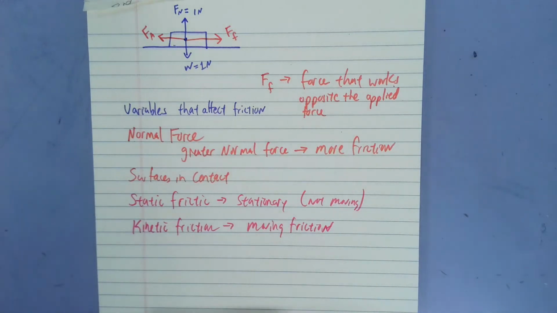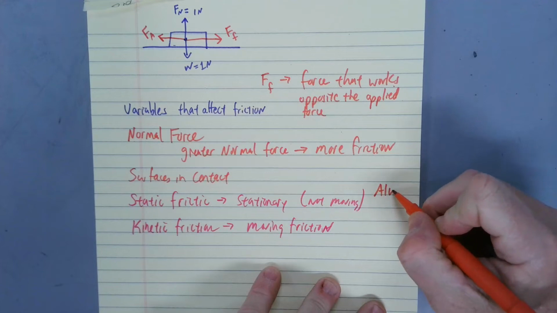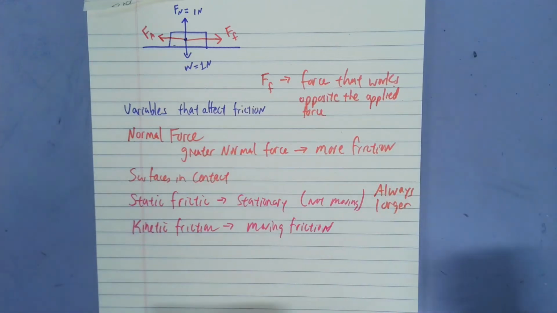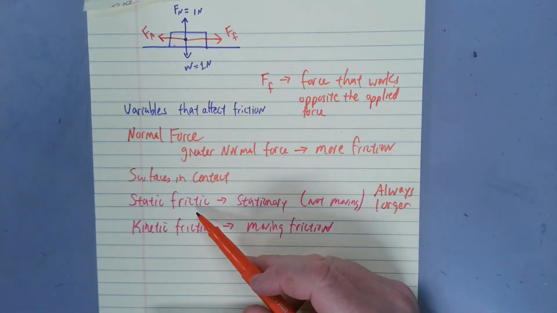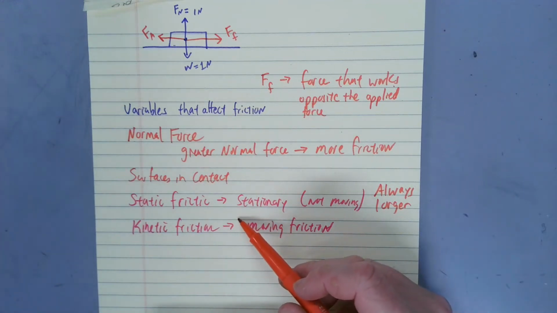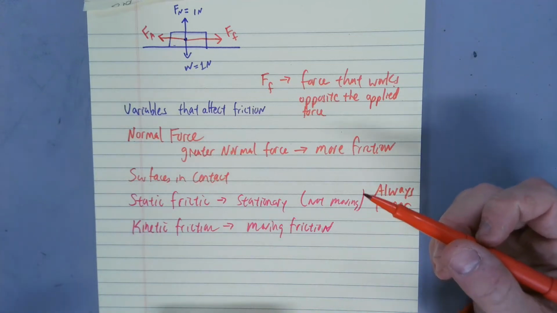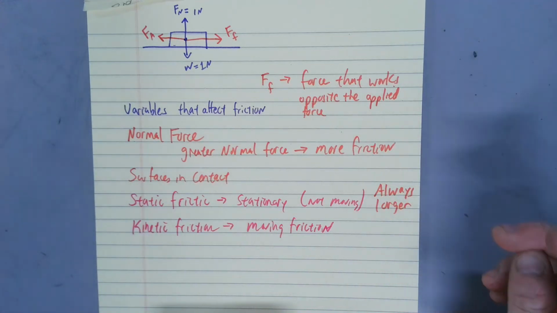That's always true. So we're going to make a note of that. The static frictional force is always larger than the kinetic frictional force. It takes more force to get something moving than it does to keep it moving.